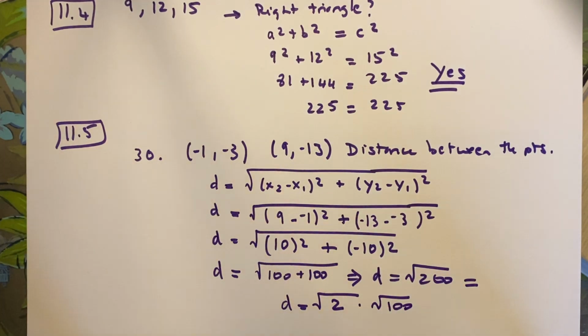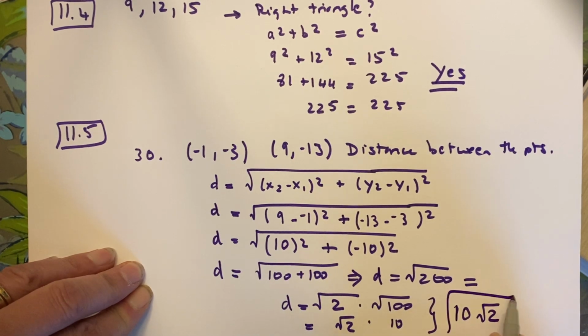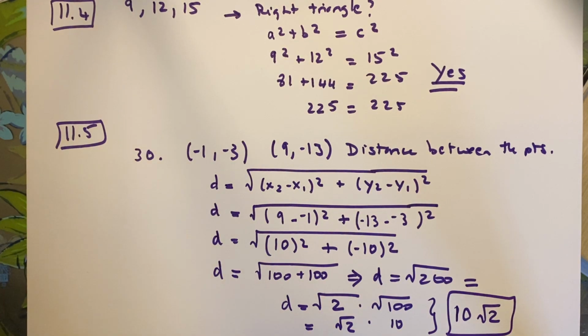I'm just simplifying my answer as we've been doing all along. I know the square root of 100 is 10, and my square root of 2 does not change. So my distance is going to be 10 square root of 2. Okay? So that is just using the distance formula.